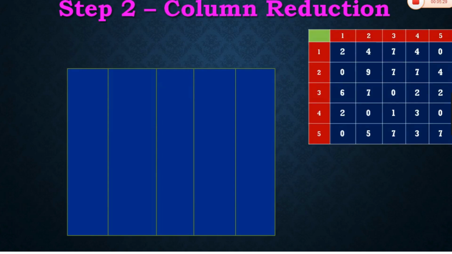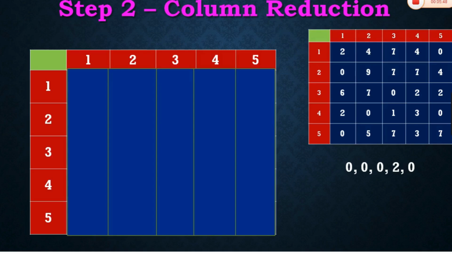Next we have to go for column reduction. This is the slide for column reduction. In column reduction also we have to identify the minimum values from each column. These are the minimum values in each column.